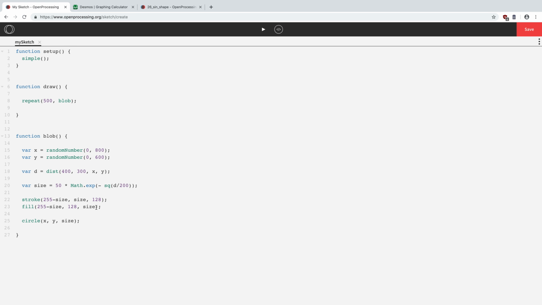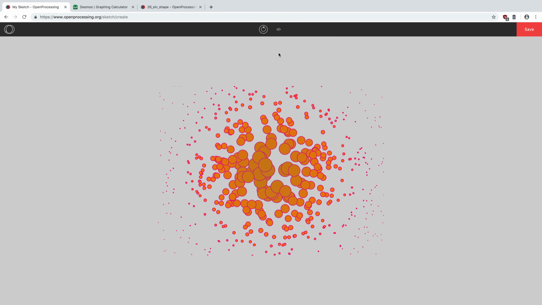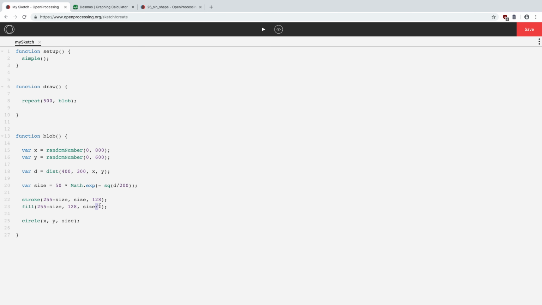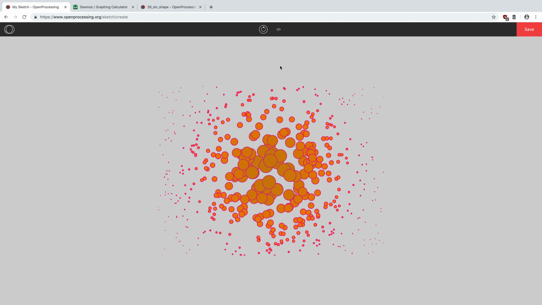Why don't I change the rate at which that goes up? So if I multiply that, divide that by 2, again just experimenting to see if it makes it. I'm trying to get the colours to change more.